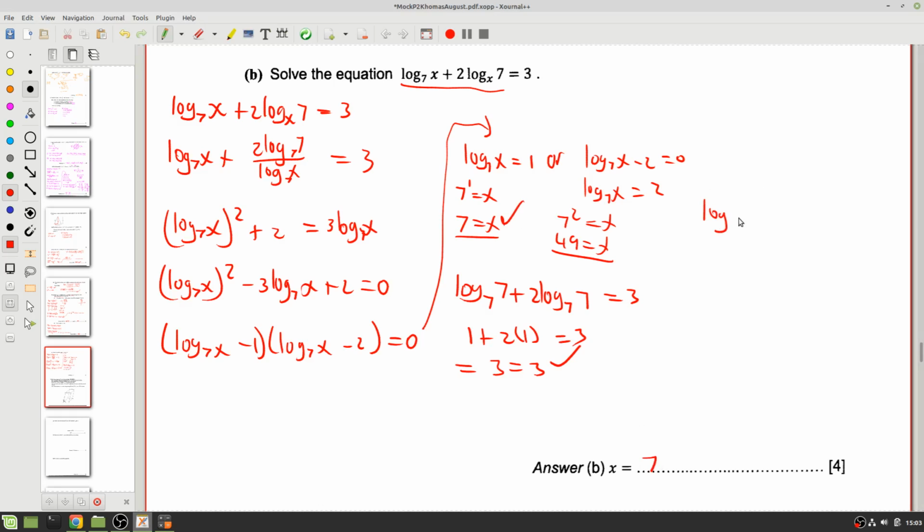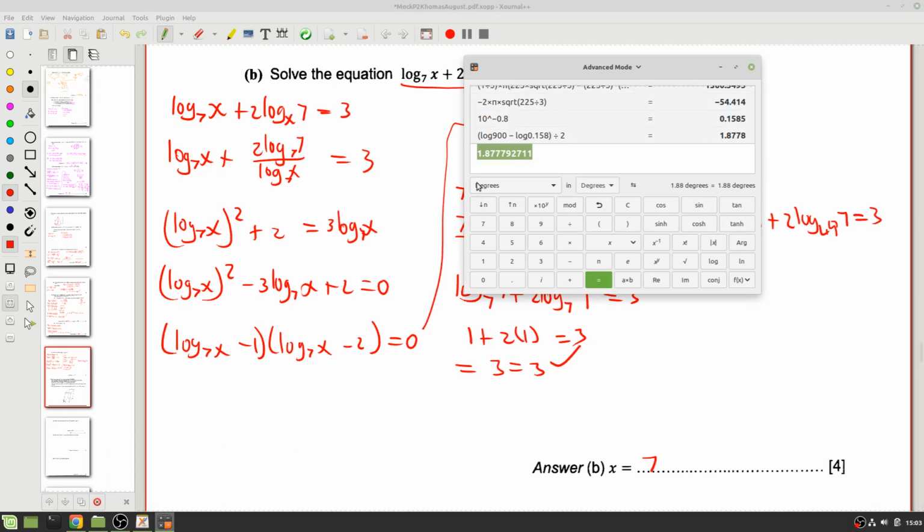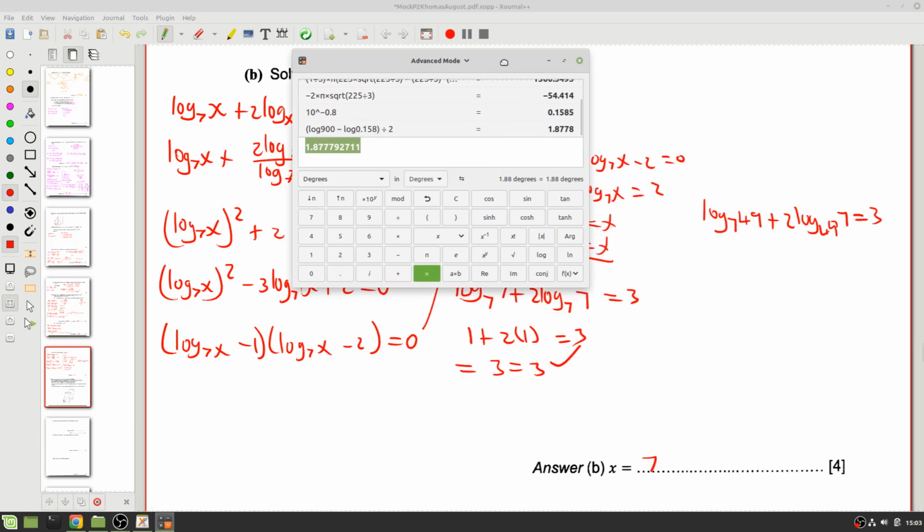So log base 7 of 49, plus 2 log, now the base would be 49, and 7 here, equals 3. So let's work out this part. I'm just going to do that on the calculator. So we'll have log 49 divided by log 7 plus 2 times log 7 divided by log 49.